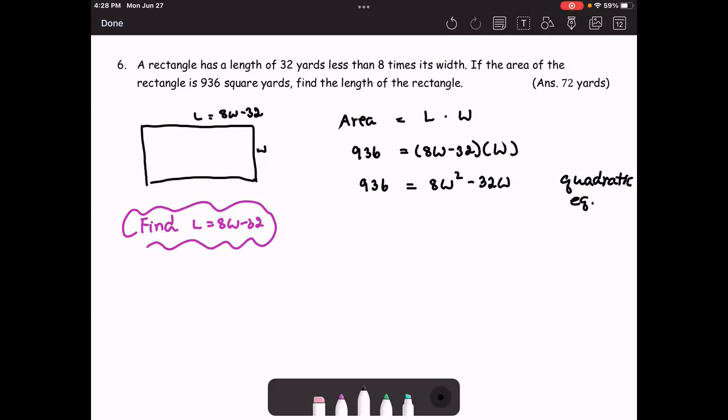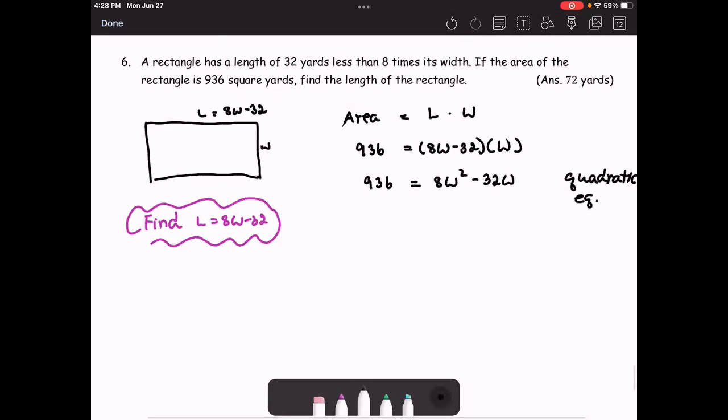To solve the quadratic equation, we're going to move all the terms to one side, leaving the other side to be 0. Then we get 0 equals 8 W squared minus 32 W minus 936.